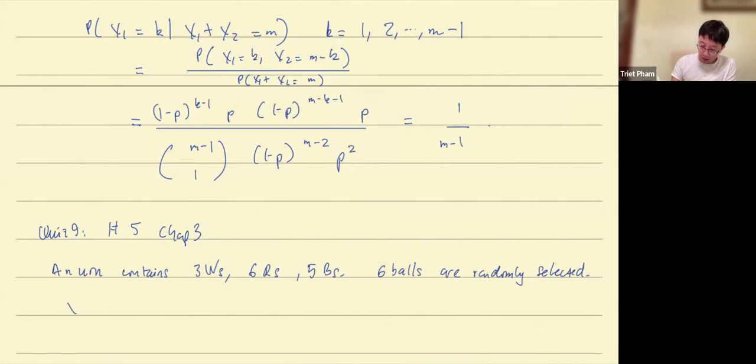Let X and Y, two random variables here, denote the number of whites and blacks selected in the sample.